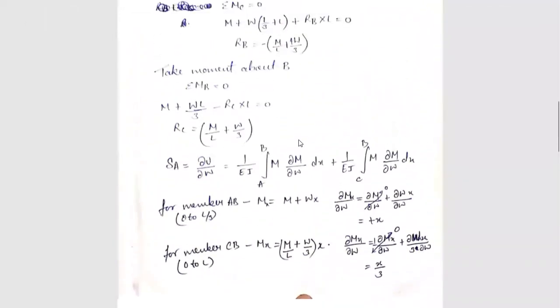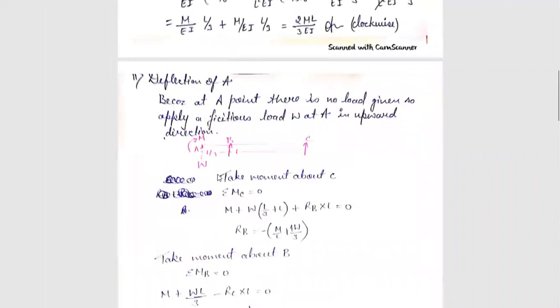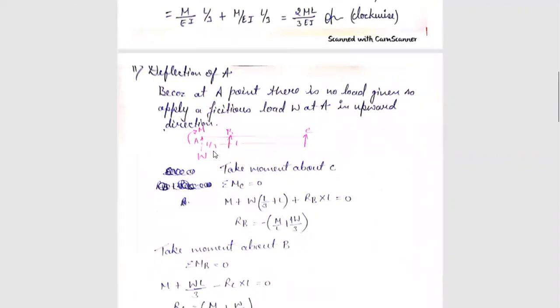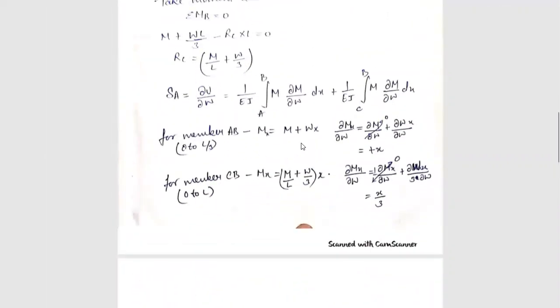Take a section from point A at X distance. Then the moment in the AB section will be M plus Wx, and the partial differentiation will be plus x.